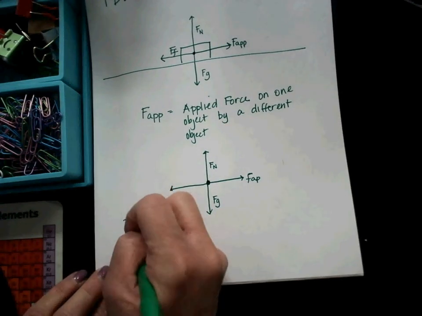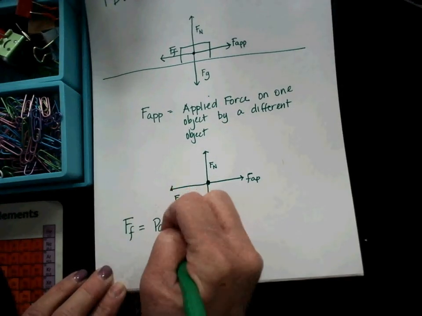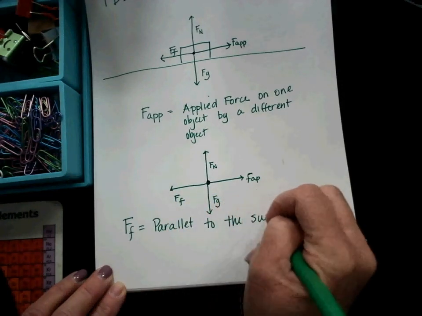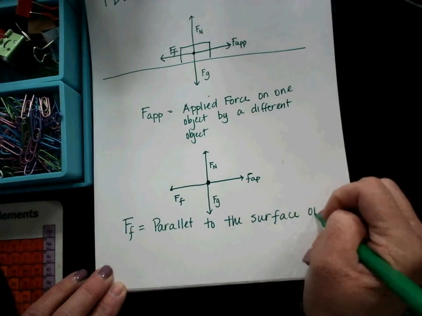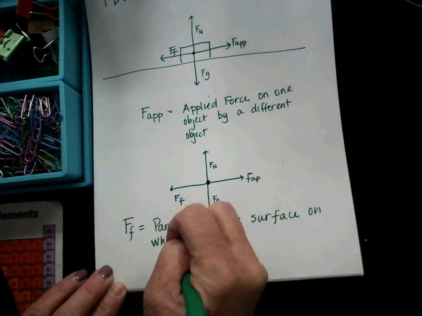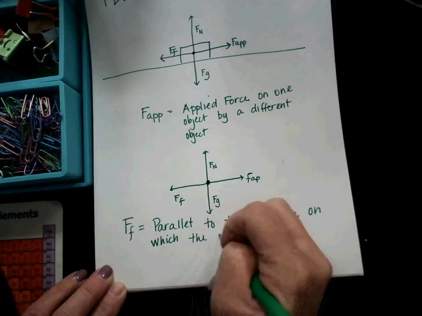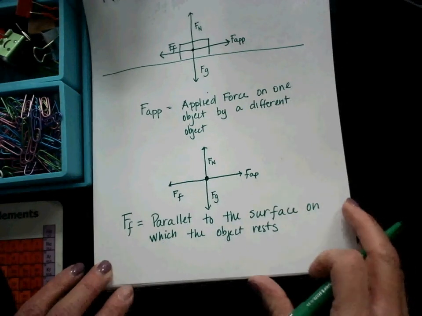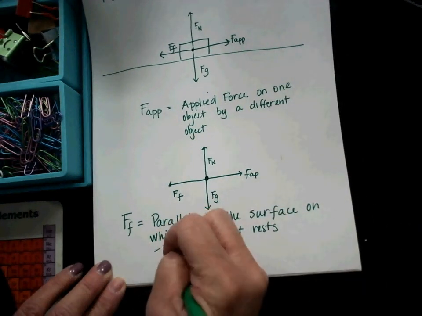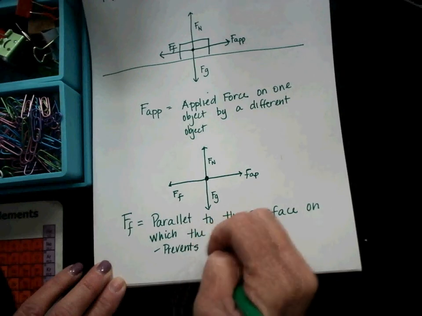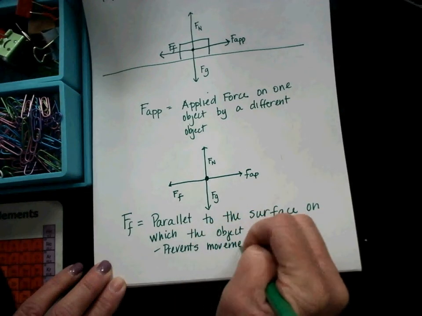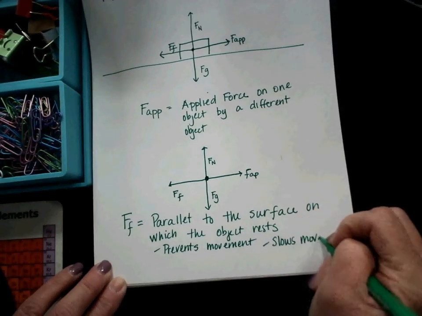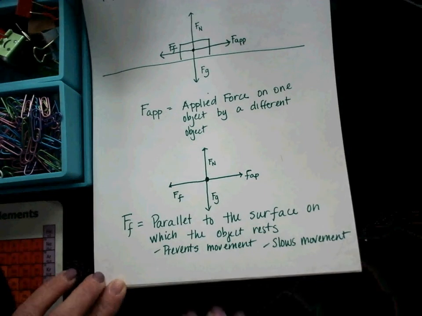This frictional force, we will say it is parallel to the surface on which the object rests, and it either prevents movement or slows movement.